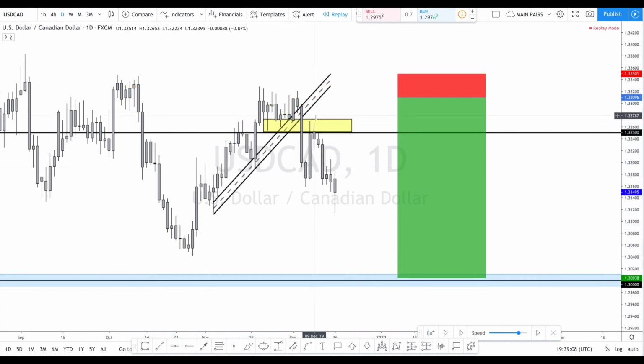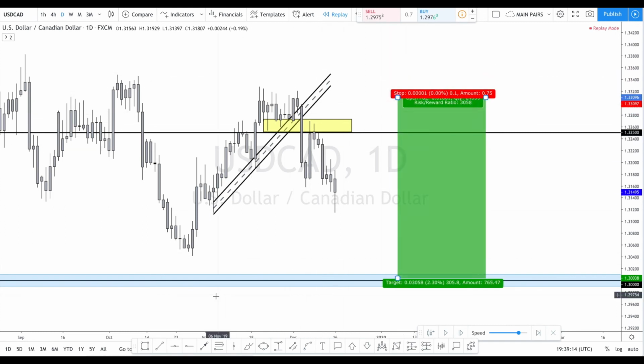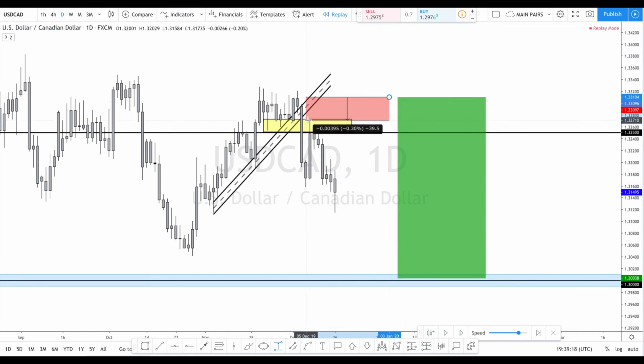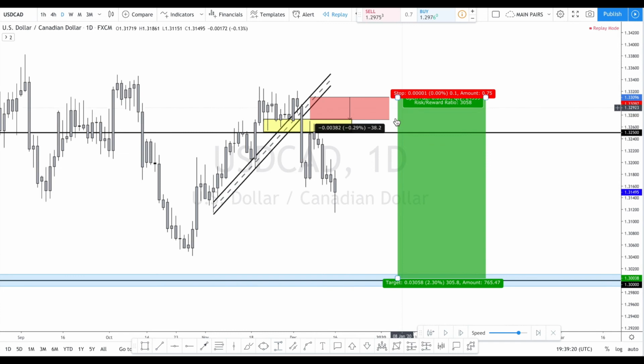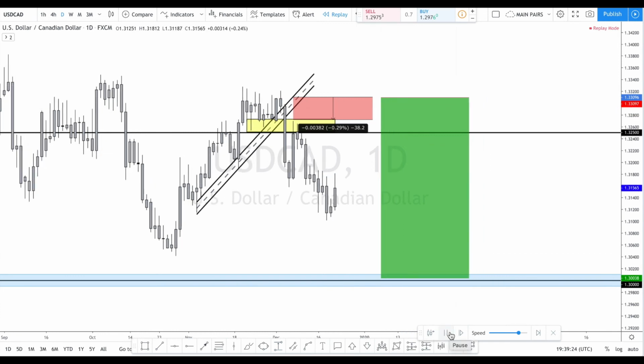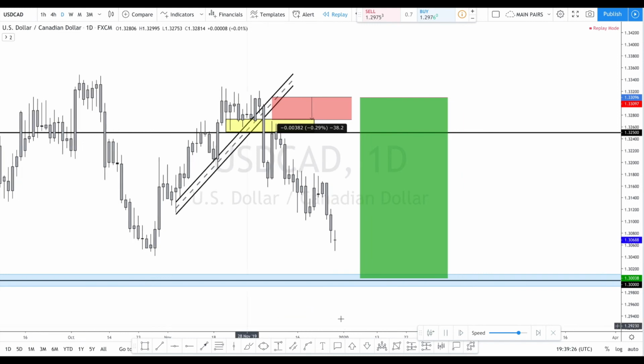The reason why you can move your stop loss now is because price has formed a lower high, sorry. Now you can move your stop loss into break even, and you can even move your stop loss into 38 pips profit. Then you're going to let the trade play.